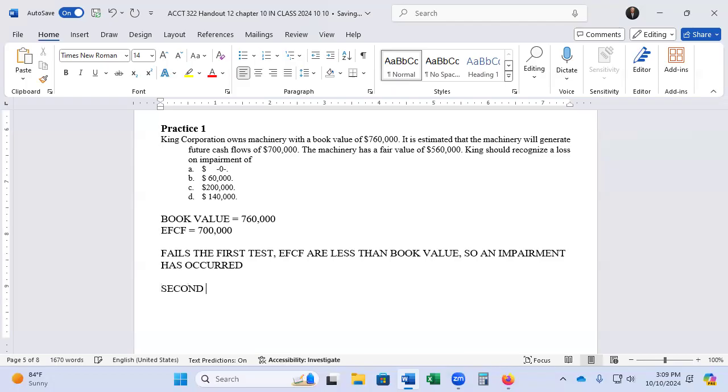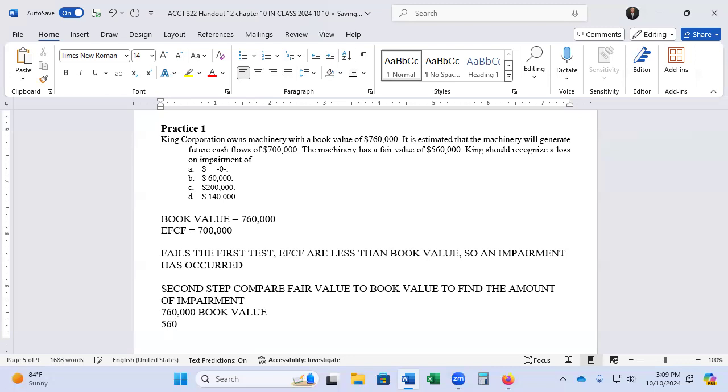Now for the second step, compare fair value to book value to find the amount of impairment. So we have $760,000 book value and a 560.